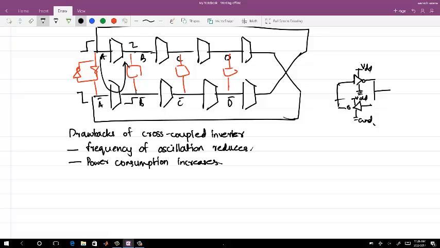So what is the other way we can have a differential operation with lower power consumption, doing something similar to what we are doing right now here? True differential stages may have more power consumption maybe, or may not.